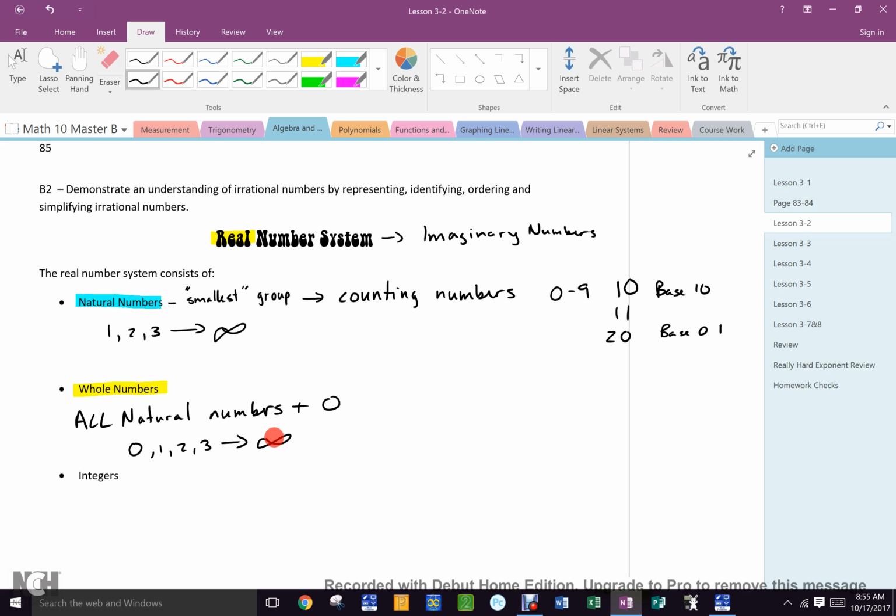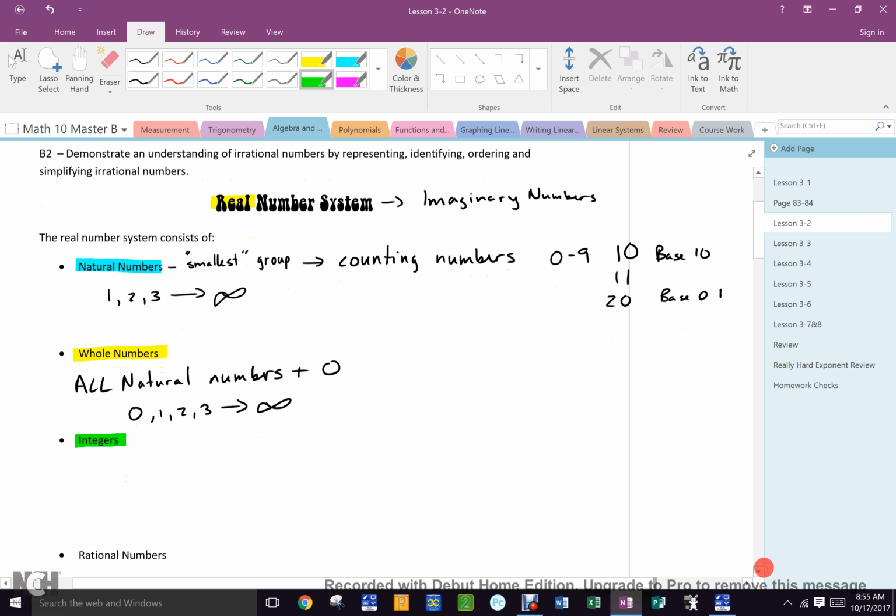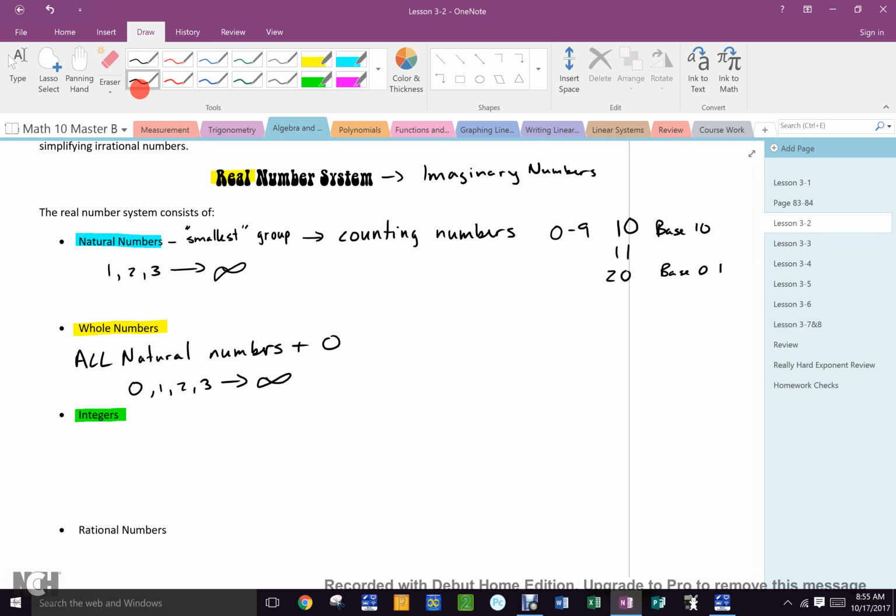Anyway, everybody understand? That extra number, that's the one difference. Everybody cool? All right, so now we get to our third one, integers. Integers are what? Anyone know? What haven't we talked about yet? No. We've talked about 1 to infinity, 0 to infinity. What's missing?